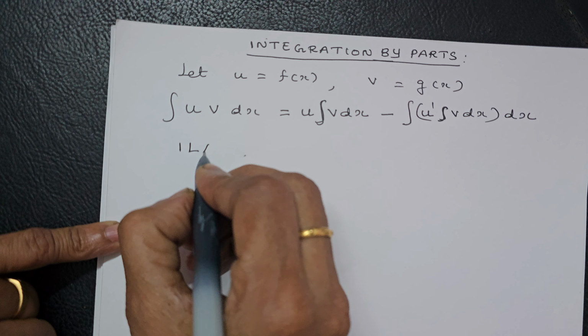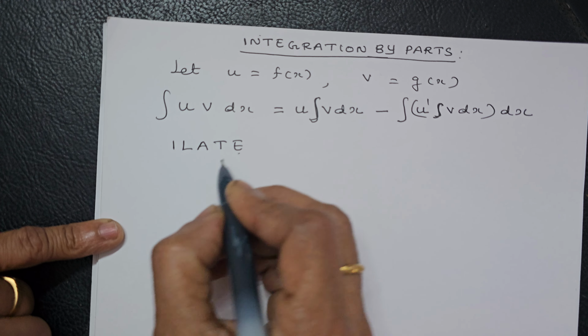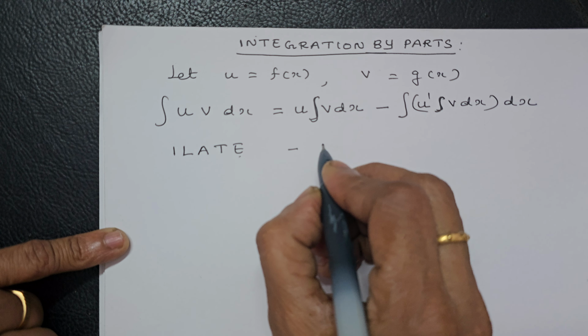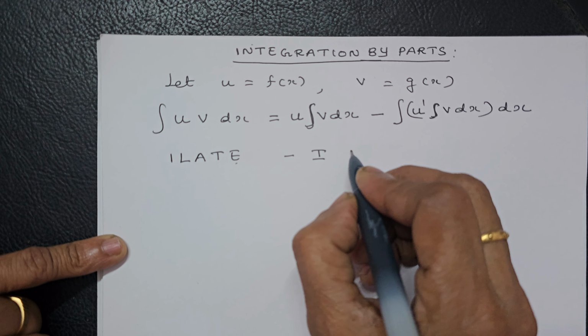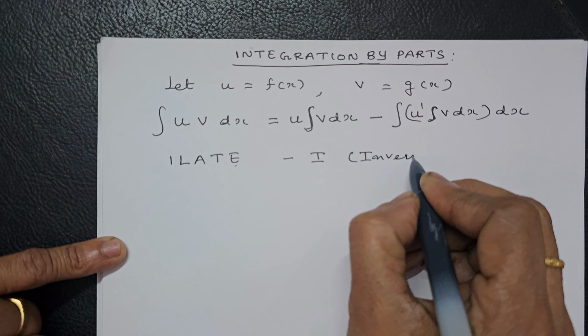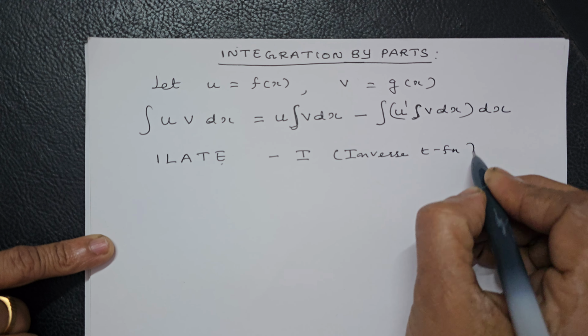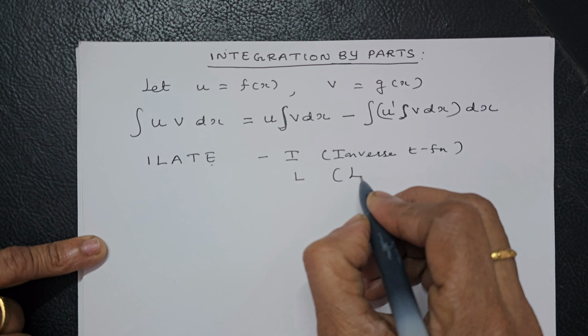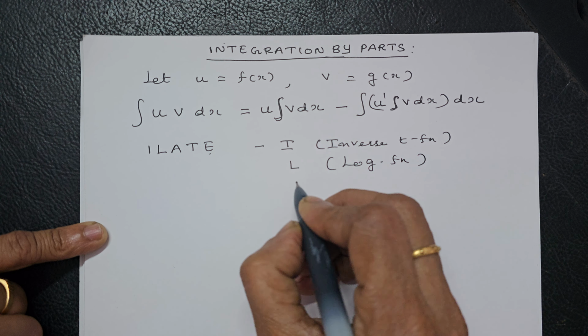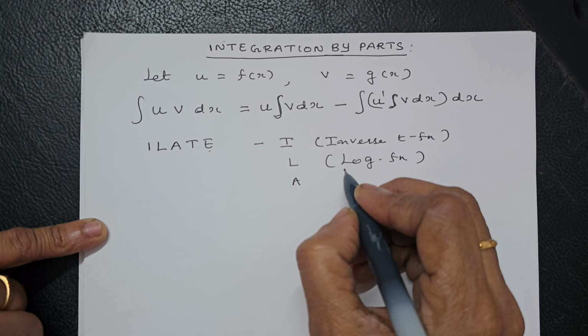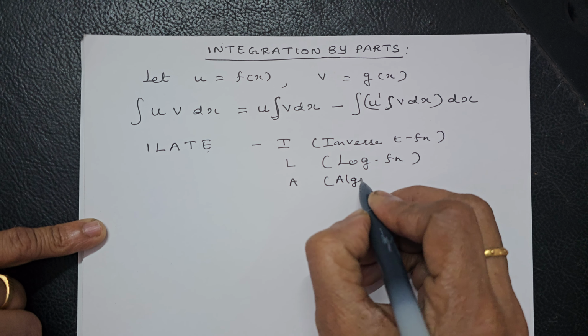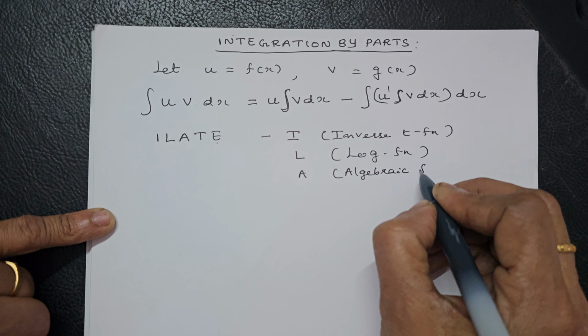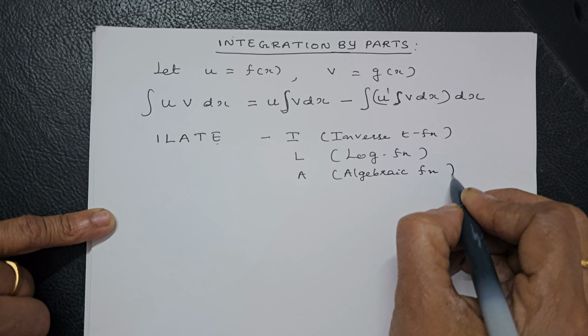So what is ILATE? ILATE stands for: I, inverse trigonometric functions; L, logarithmic function; A, algebraic function; T, trigonometric function; and E, exponential function.